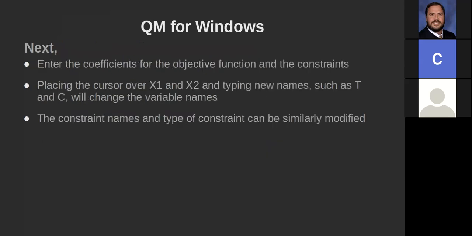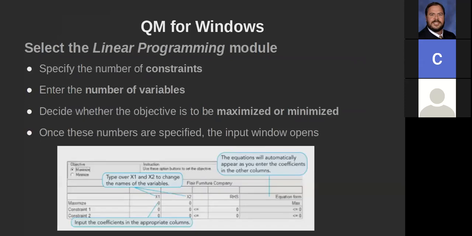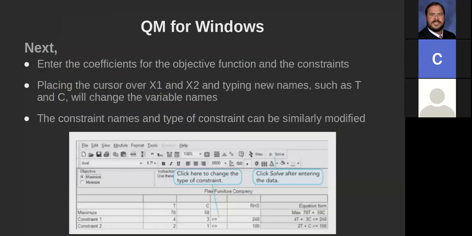Once these are specified, the input window will open. Next, you will enter the coefficients for the objective function and the constraints. You'll also make any other adjustments here, as in renaming variable names or constraints, etc. Next slide.